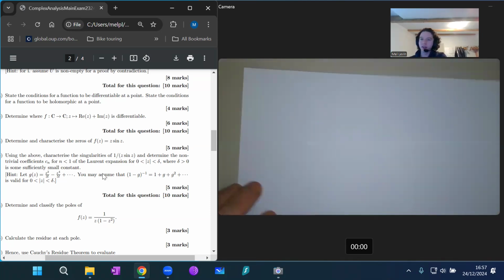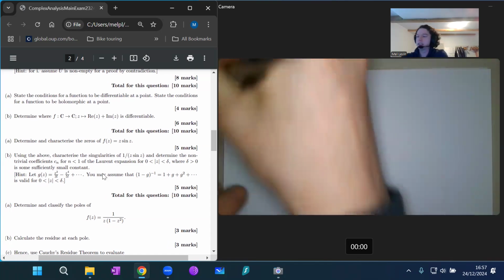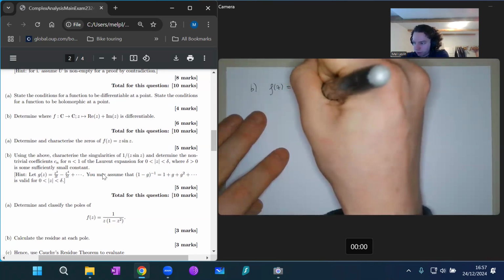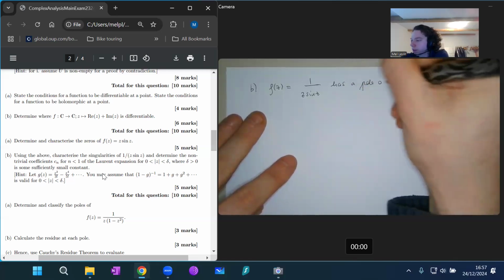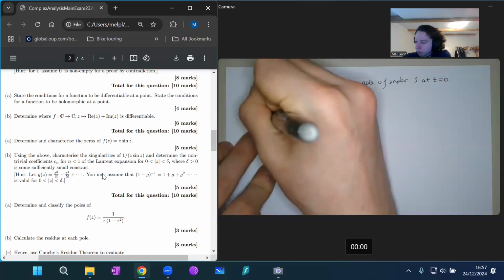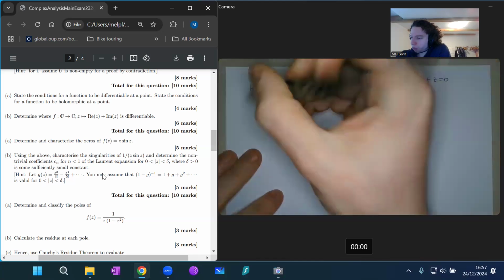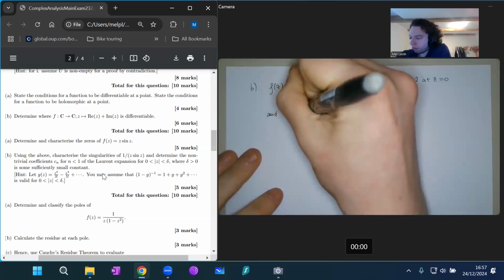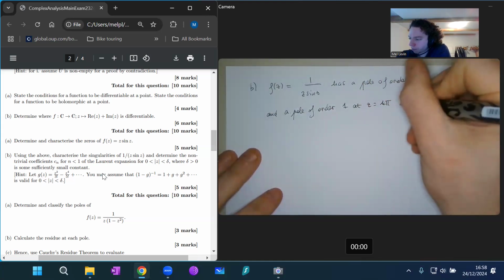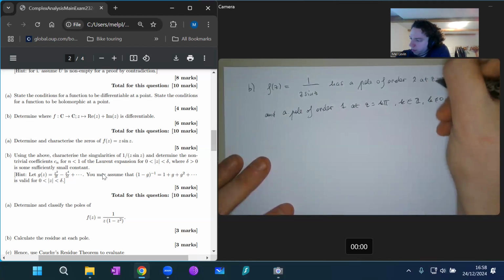So the conclusion is that f has a pole of order 2 at z equals 0, and a pole of order 1 at z equals z naught equals k pi, where k is in z and k is not 0.